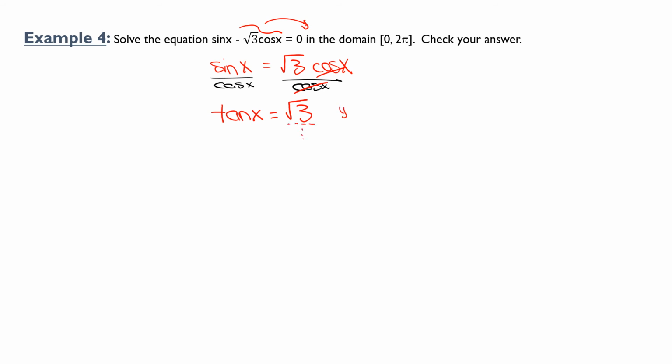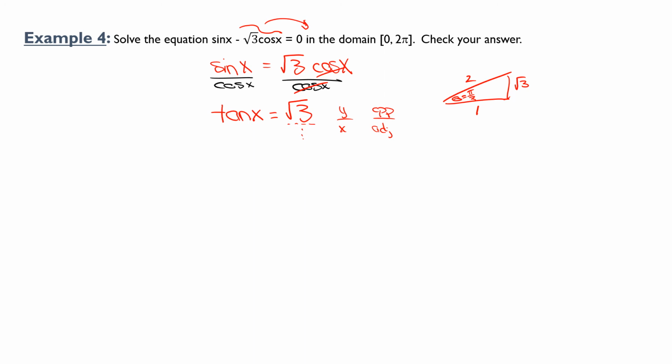And tan is y over x, or opposite over adjacent. Look at your triangle. Here's my theta, which is x. Do we have an opposite of root 3 and an adjacent of 1? Yes, we do. The hypotenuse in this case would be 2. That is pi over 3.